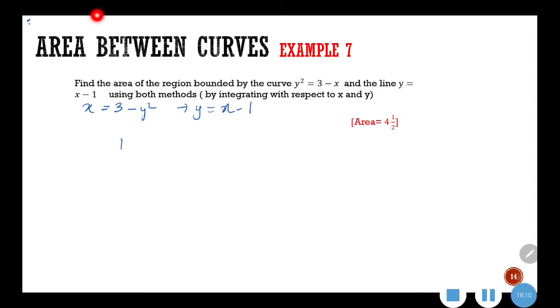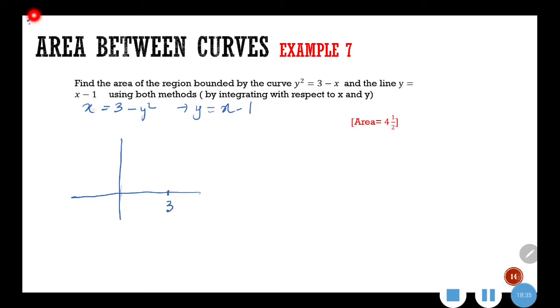Okay, so kalau y square ni maksudnya dia akan melengkung macam ni kan. So minus y square, 3 minus y square. So the simplest thing that you can do is put in the value when y equals to 0, x will be equals to 3. Y equals to 0, x equals to 3 kat sini.